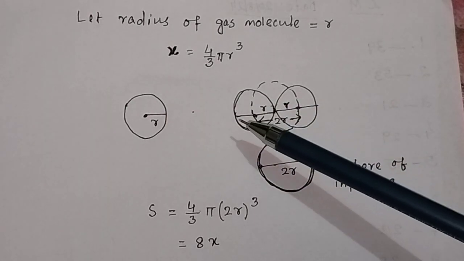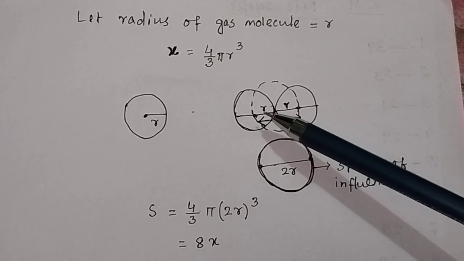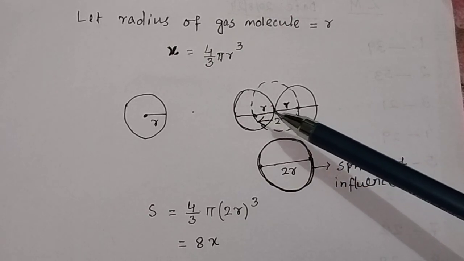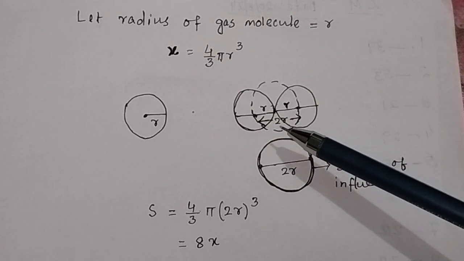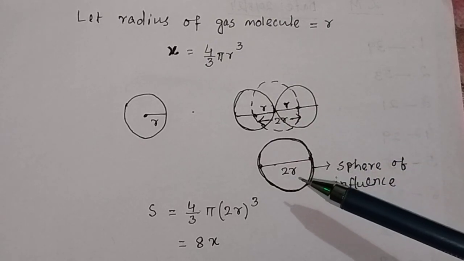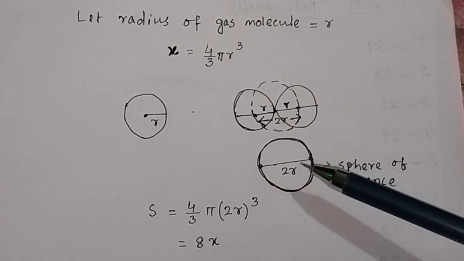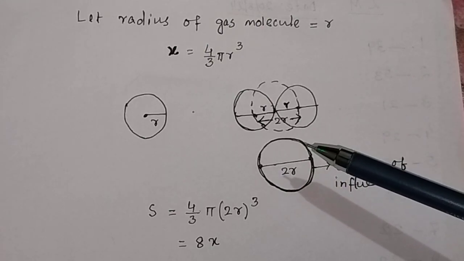Suppose you have two molecules, then the distance between their centres will be equal to 2r. If you draw a sphere of radius 2r, this is called the sphere of influence, and within this sphere no other molecule can come.